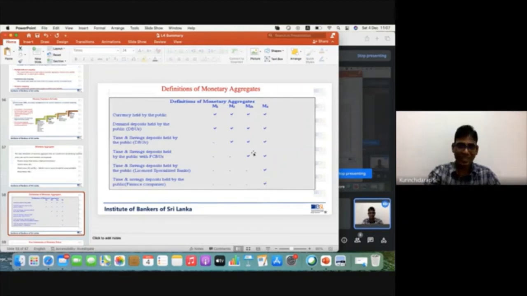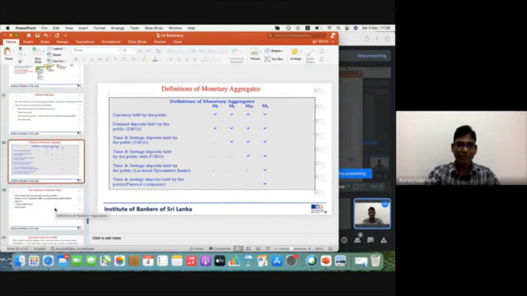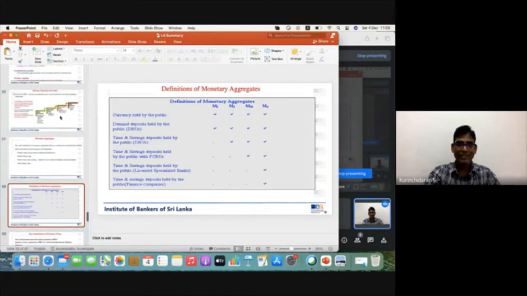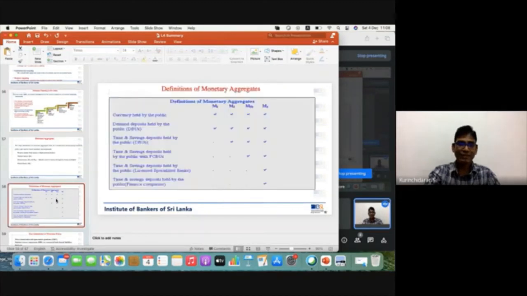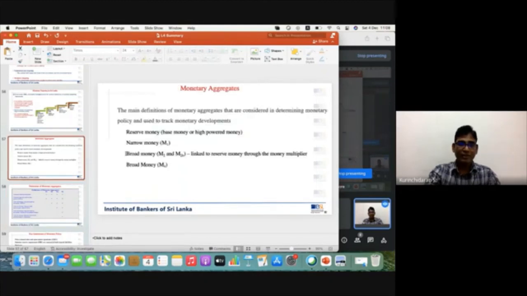This is a generally accepted way, but these are the four we mainly use. So in this ladder, when it comes to monetary aggregates, we tend to take broad money supply, which is M2 and M2B, linked to reserve money through money multipliers.